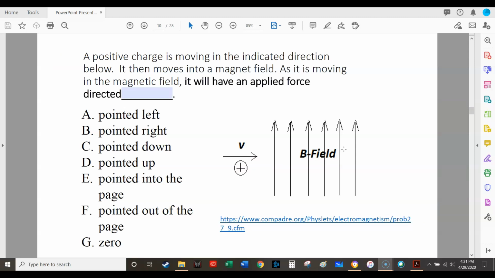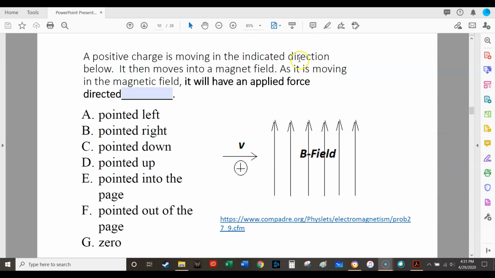Well, let's practice this. Let's see if we could practice figuring out the direction of the force, and then in a little bit after we practice this, we're going to try quantifying it. So what we have is a positive particle entering and moving to the right, entering a region of space where a magnetic field is pointed up the page.